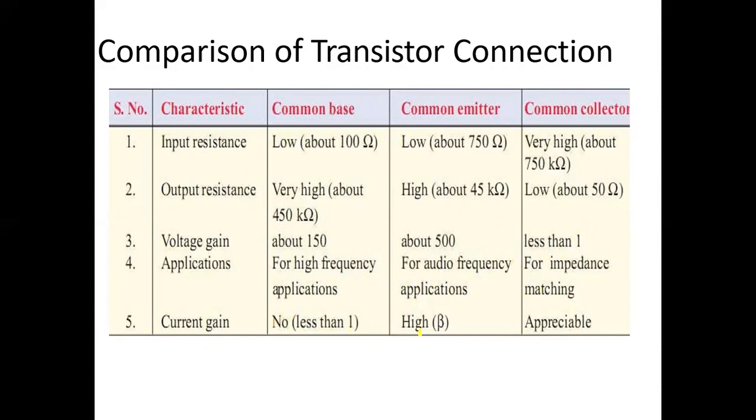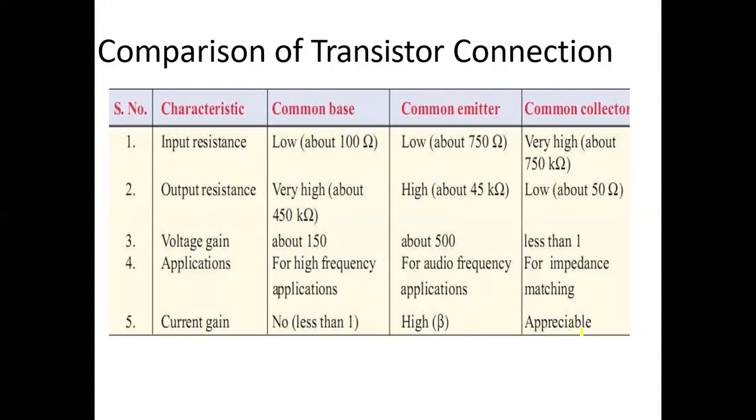For common emitter connection, current gain is high, and for common collector connection the current gain is appreciable. I think this table will be very helpful to understand the inner characteristics of common base, common emitter, and common collector connections, and this is the comparison among them.